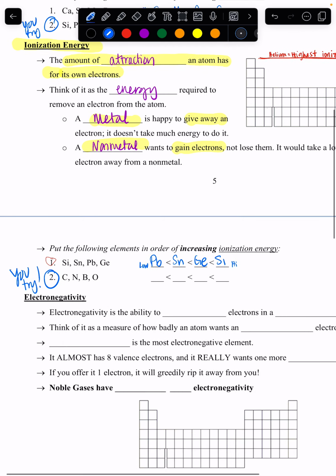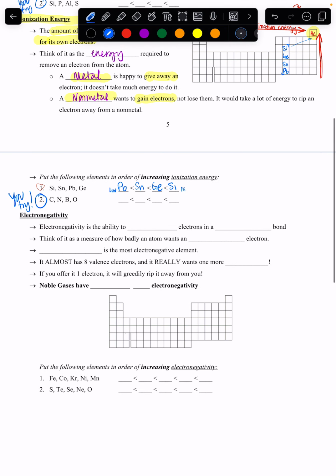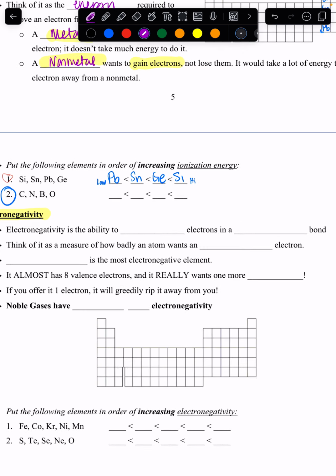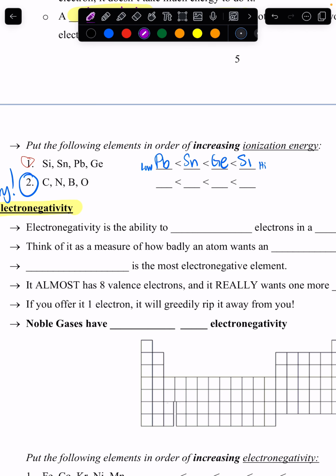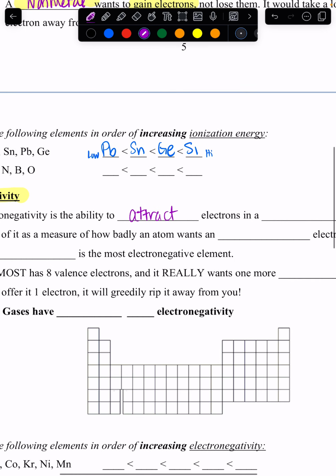All right, the next one I have is electronegativity. Electronegativity is the ability to attract electrons in a chemical bond.